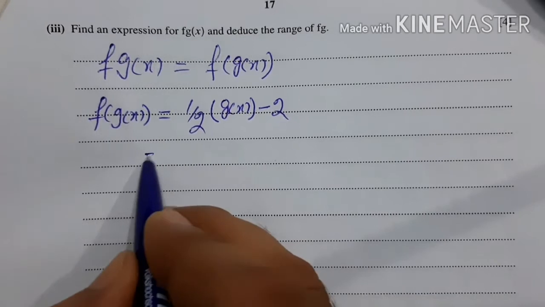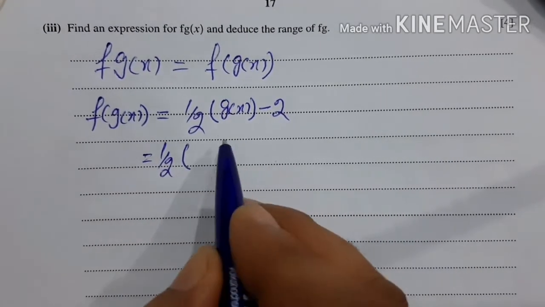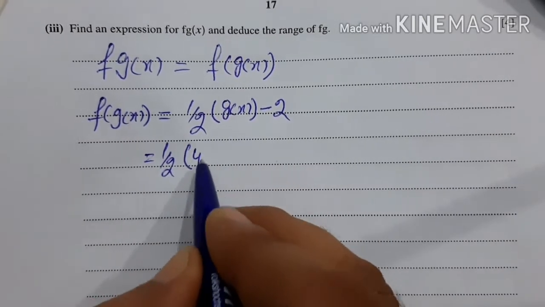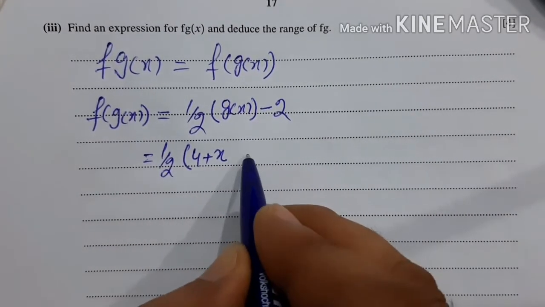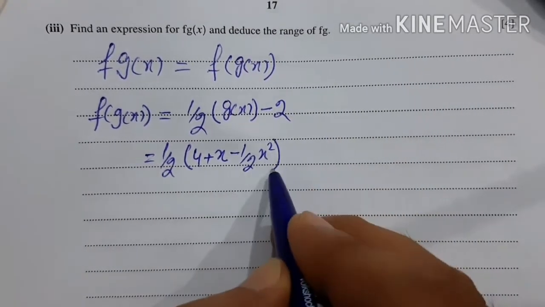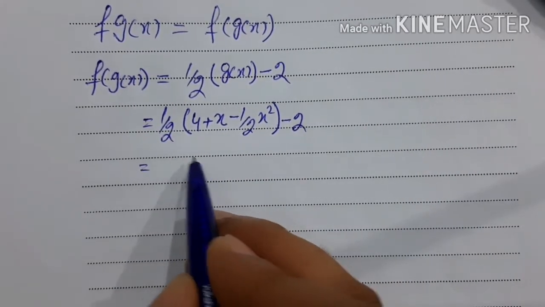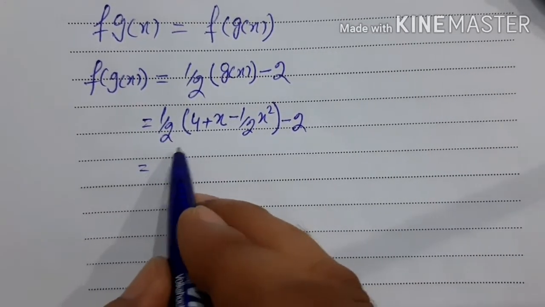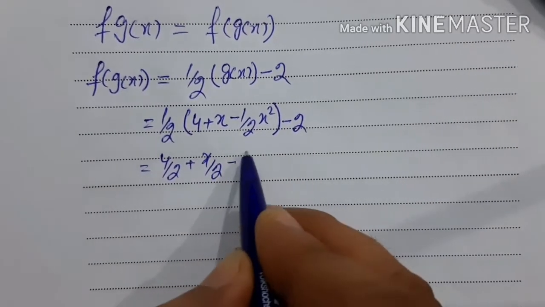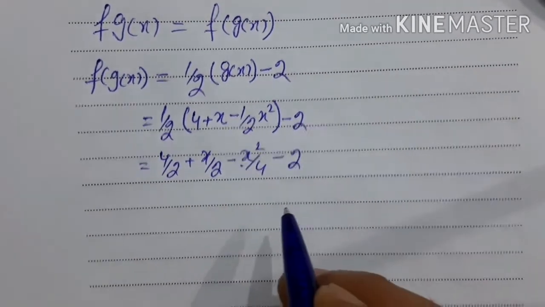Now g(x) also has its own value. What is the g(x) value? From part 1, it's 4 plus x minus 1 by 2 x square, minus 2. So after solving, 4 by 2, x by 2, minus x square over 4, minus 2.